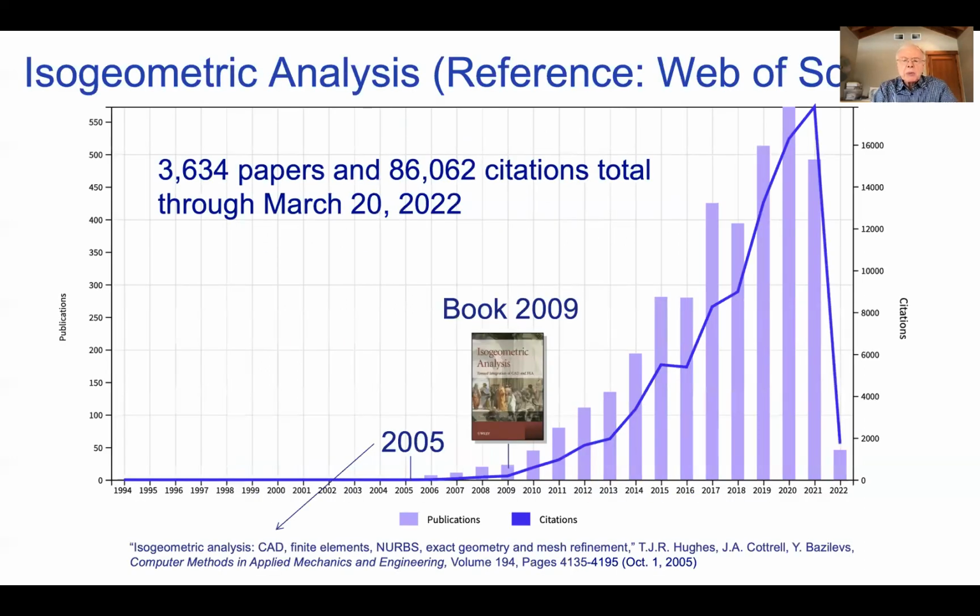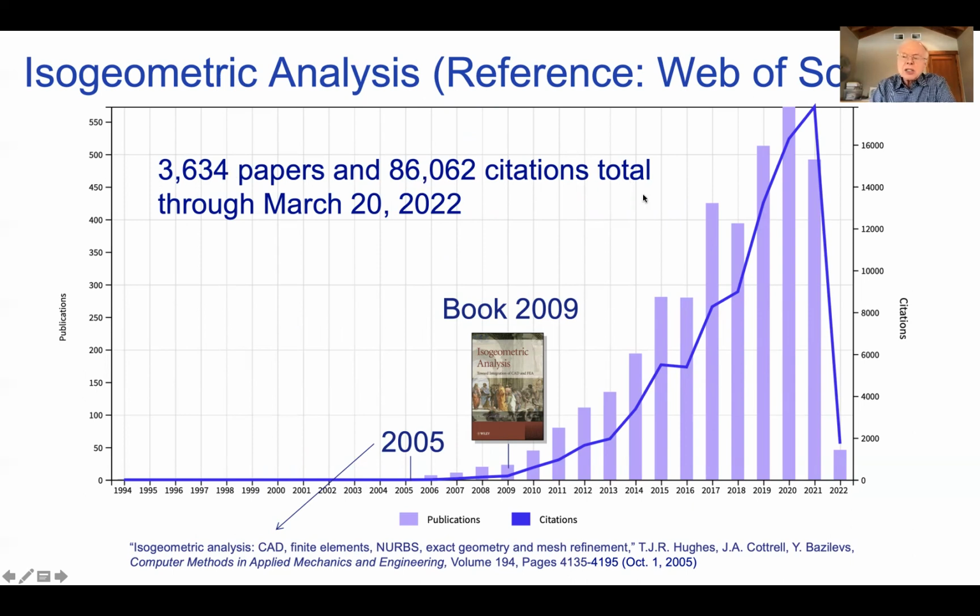So it started with a paper in 2005 that I wrote with two of my then students, Austin Cottrell and Yuri Basilevs. And it started to take off. And as of March 22nd of this year, according to Web of Science, which gives you always the lower bound, there were over 3,600 papers, over 86,000 citations.